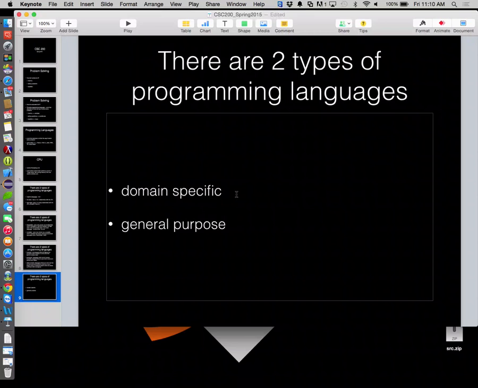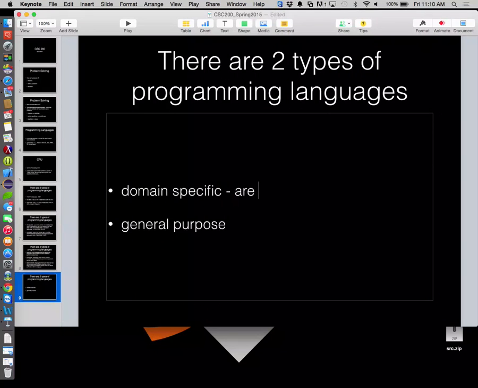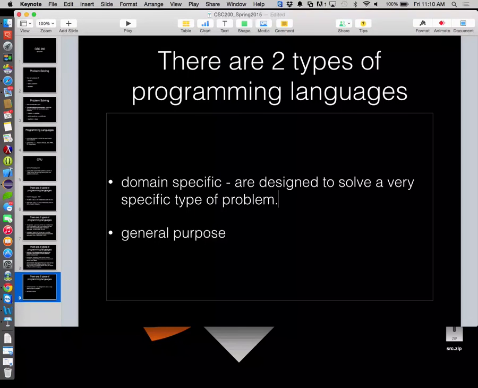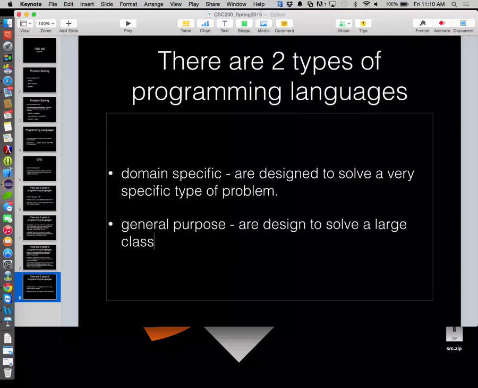So domain-specific languages are designed to solve a very specific type of problem. General purpose languages are designed to solve a large classification of problems, or a general set of problems.